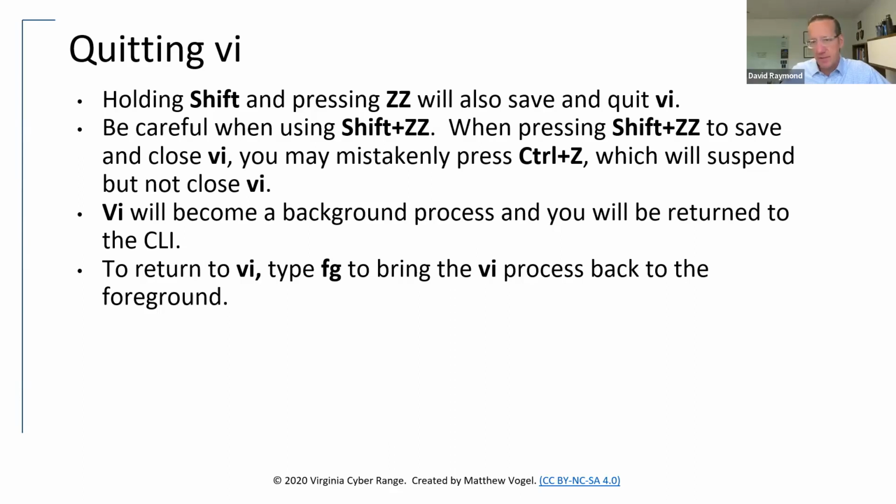I'll show you another way to save and quit at the same time, which is a combination of existing commands, and I don't have to do this Shift ZZ thing. The problem with doing Shift ZZ is if you screw it up and you hit Control Z, as we mentioned here, if you mistakenly hit Control Z, you're going to suspend VI, and it's going to be running in the background.